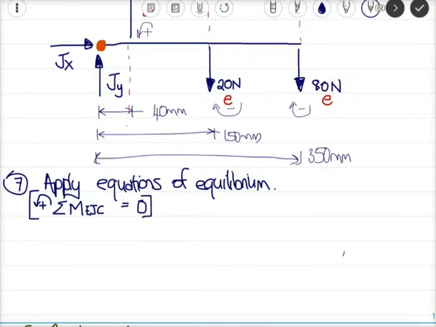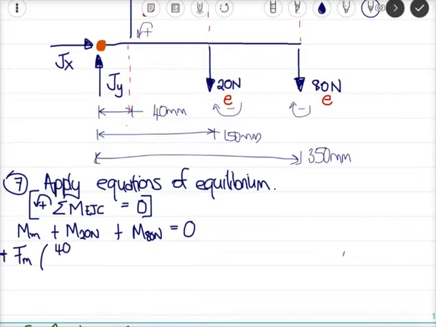So we've got 3 moments. We've got the moment due to the muscle, we've got the moment due to the weight of the arm, or the 20 newtons, and we've got the moment due to the 80 newtons. Okay. Subbing it in, remember that moment is force times perpendicular distance. We've got Fm. Now that one's pulling anti-clockwise, so that's a positive, times distance. So we've got 40 millimeters. Now remember, we've got to convert that to meters.